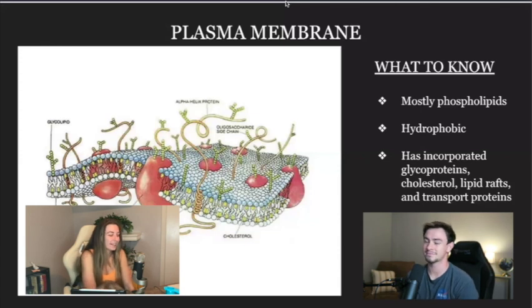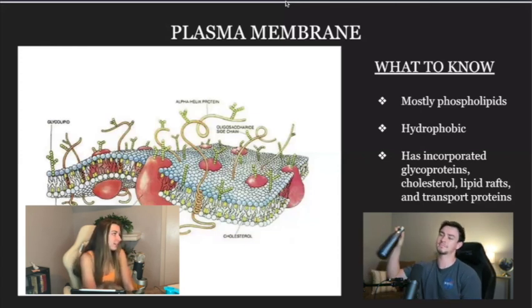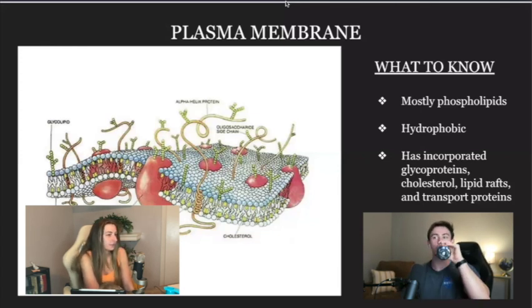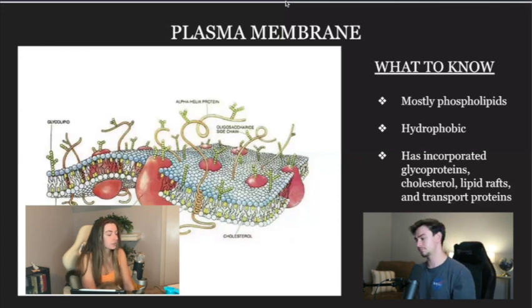Oh yeah, but I like how you mentioned the fluid mosaic model. I always think of it as just kind of like stuff's floating around. Think of a pool that has floaties and toys in it and then some kids in it. It's mostly water, but you've got these kids swimming around.